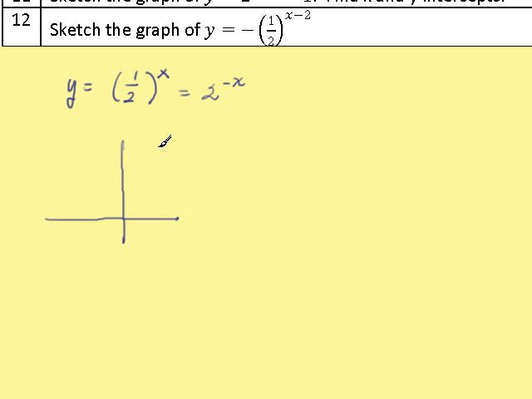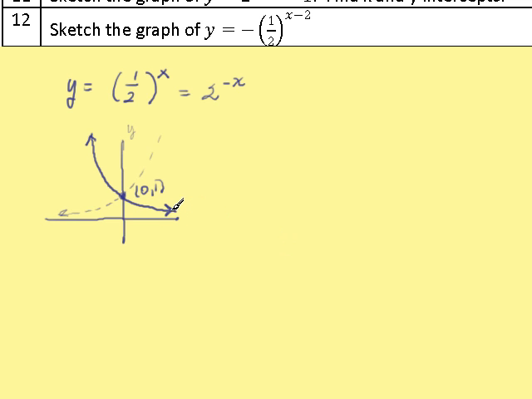So remember, I'll just draw a little dotted line to indicate where 2 to the x is. So if we reflect through the y-axis, 2 to the minus x would look like this. It goes up on the left and down on the right, and it goes through the point 0, 1.